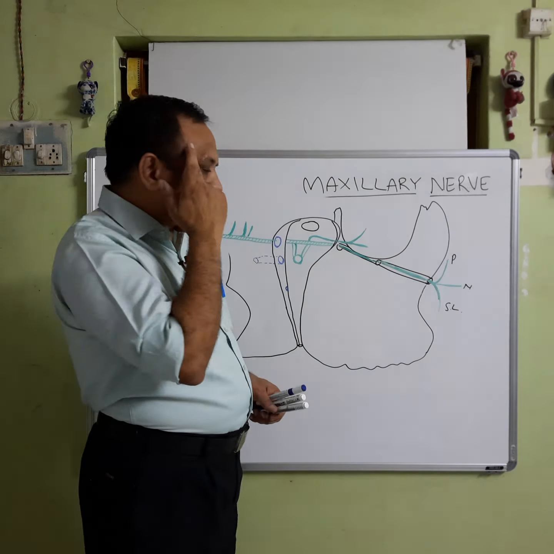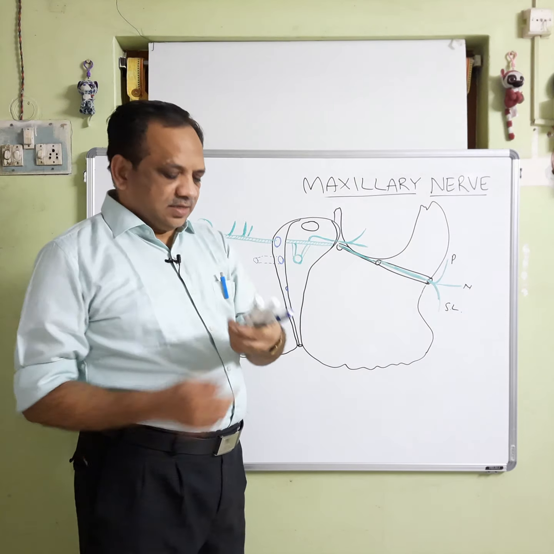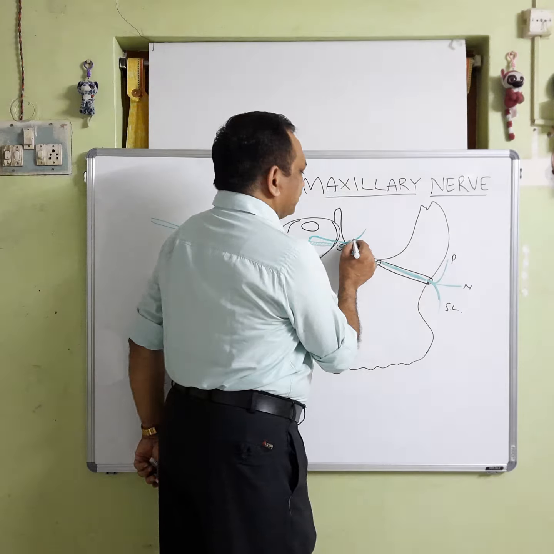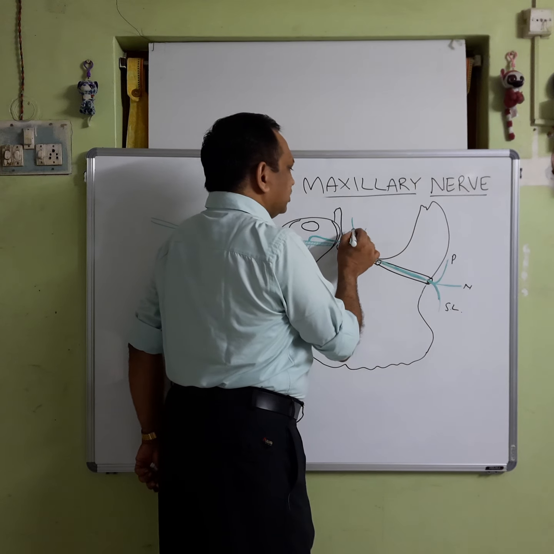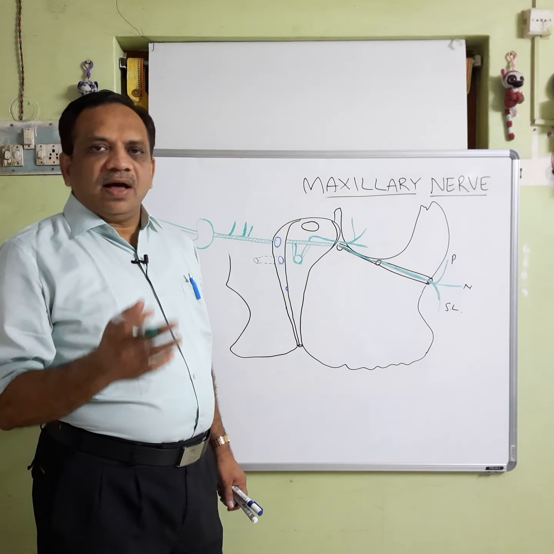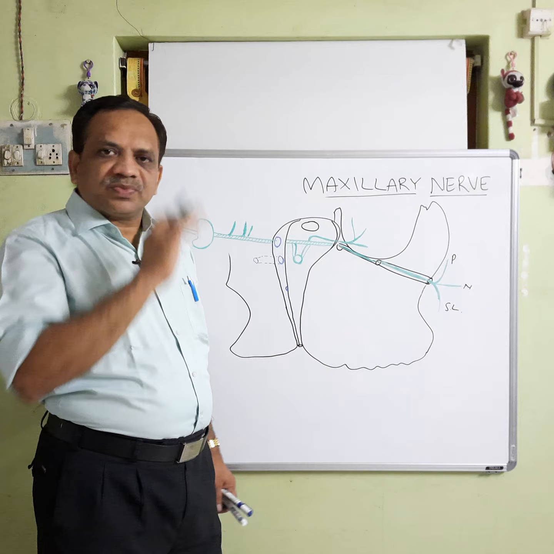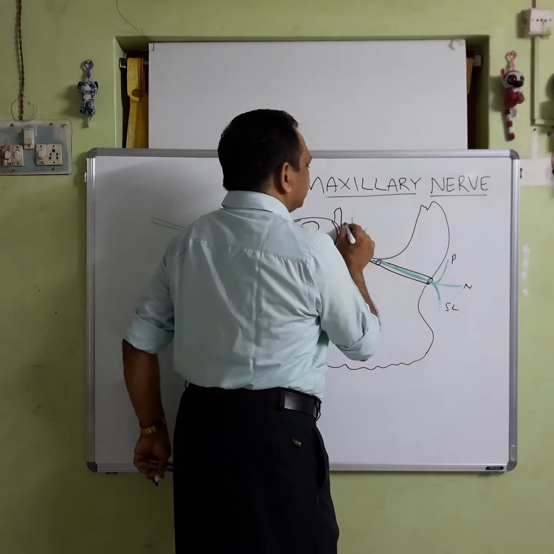Before leaving the orbit, this branch gives a vertical branch which connects to the lacrimal nerve. That lacrimal nerve goes to the lacrimal gland. So, this is the lacrimal nerve.